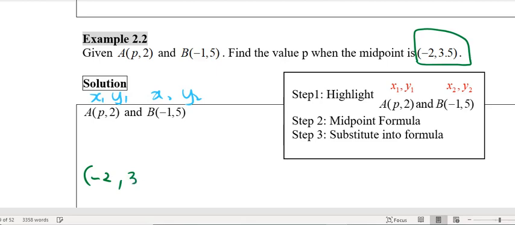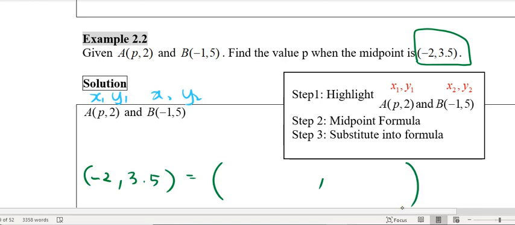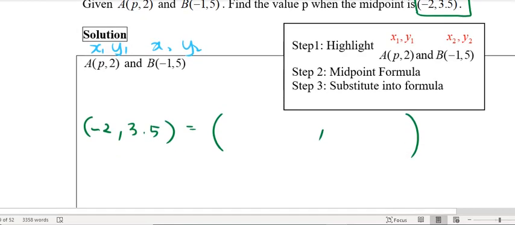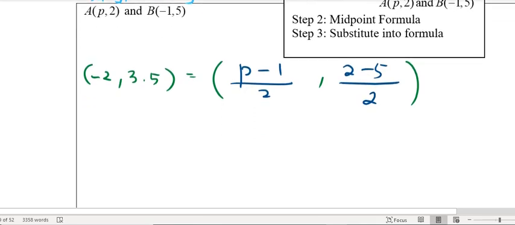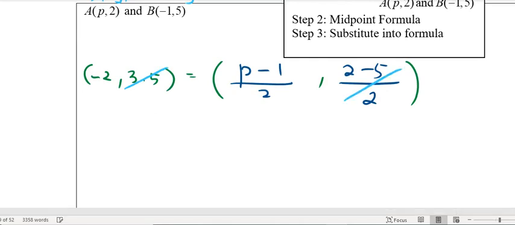Negative 2, 3.5 equal to, you just replace back. Your x1 is p. Your x2 is negative 1, divided by 2. For your y1, 2 minus 5 divided by 2. This is not a problem. The y is already solved, so you no need to bother about it.